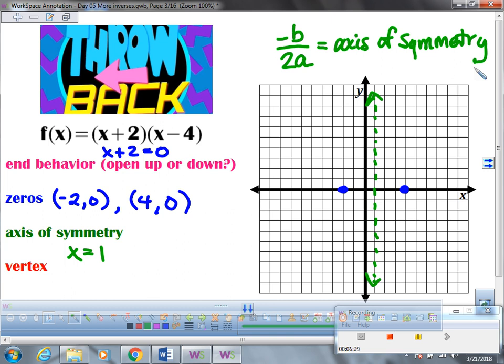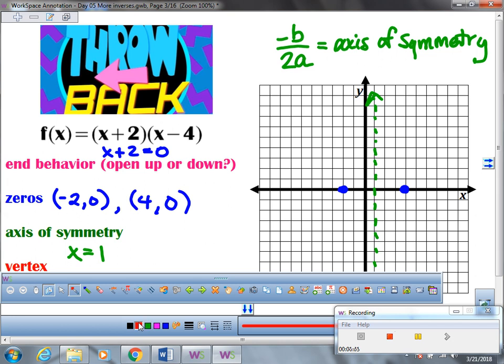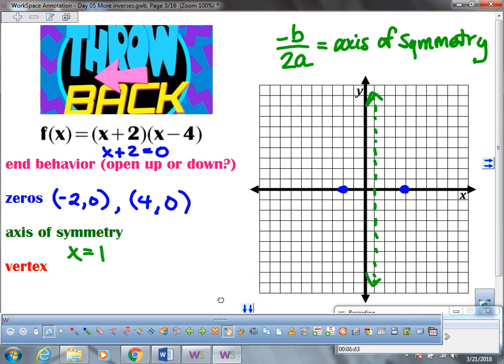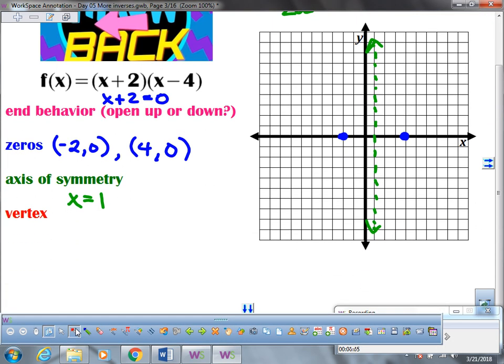They all work like that. You can always find the middle by just counting, right? Okay. Can I find the vertex now? How can I find the vertex? I already know what x is, so in order to find y, I just substitute in.